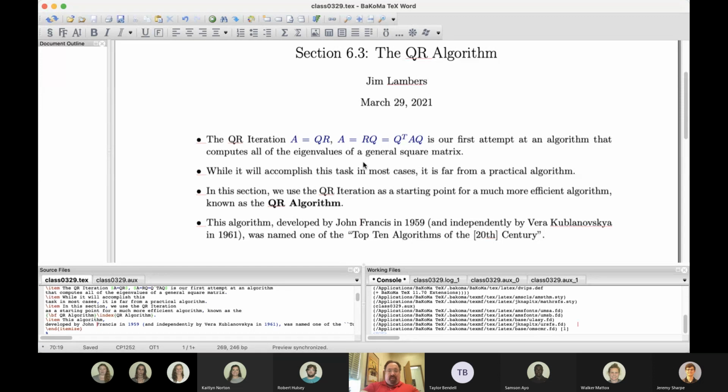Now, what's interesting about Francis is that not too long after he developed the QR algorithm, he left the field of numerical analysis. He worked at the National Research Development Corporation in the UK, and so he left the field long after that. He had no idea that he was famous in the field, that he came up with this algorithm that was universally used within numerical linear algebra.